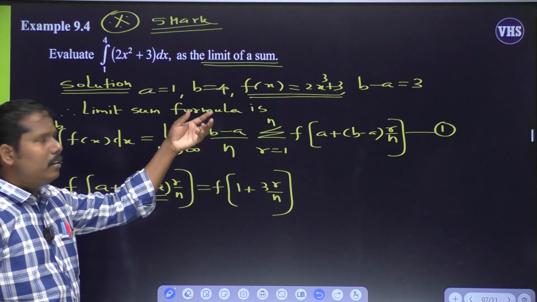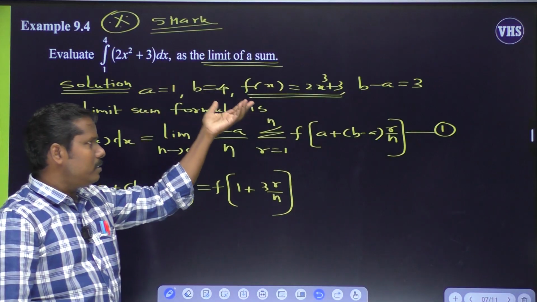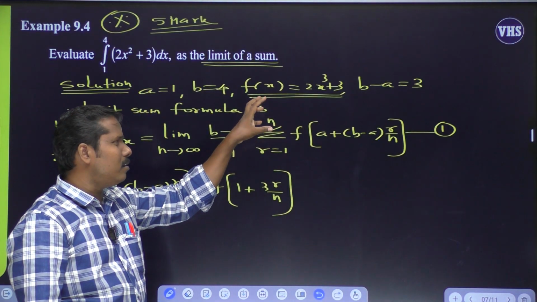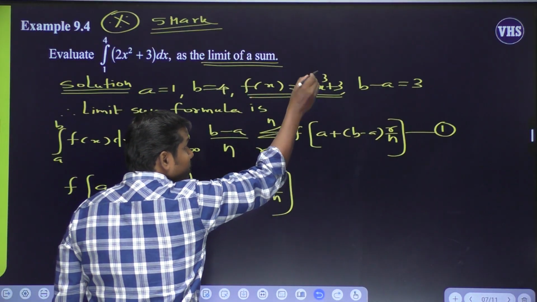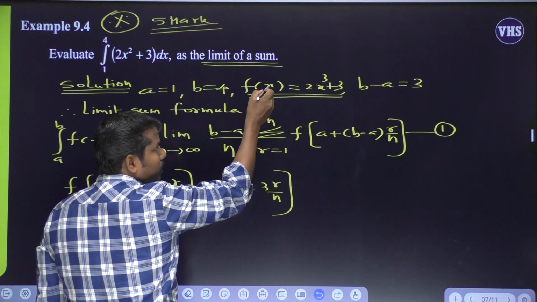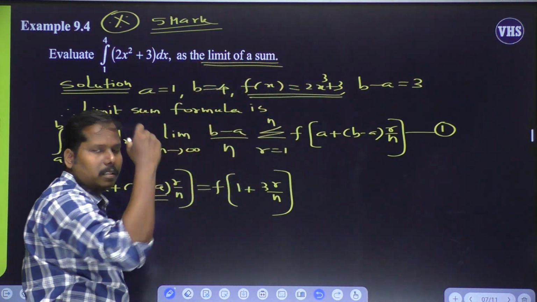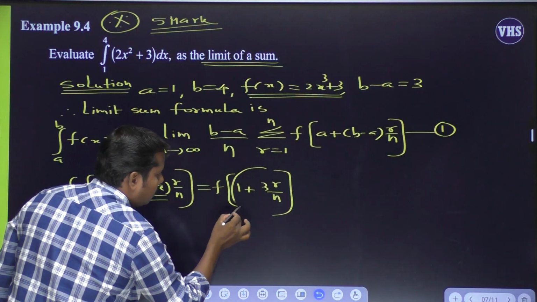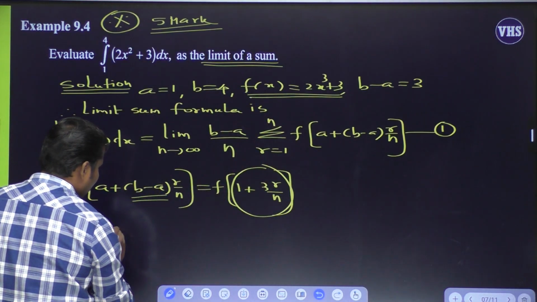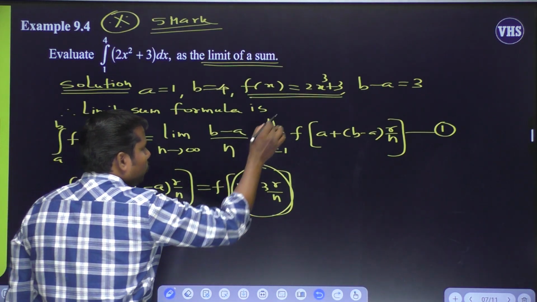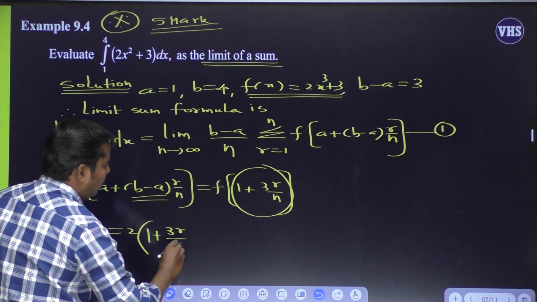Here something is somewhat bigger. In the previous sums, in the first sum you got f of x to be simply x, and in the second sum it was x squared. But here it is not the case. The function is a little tougher.